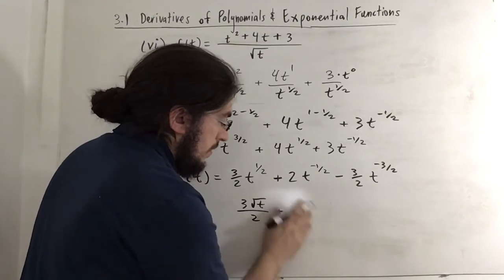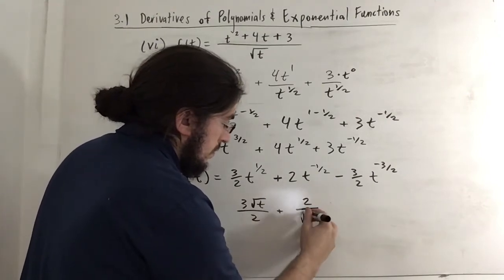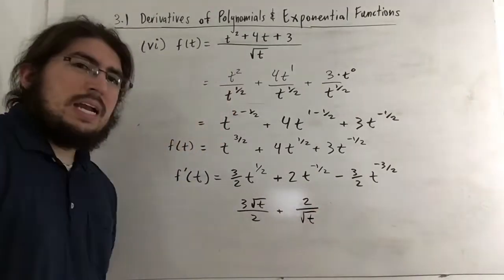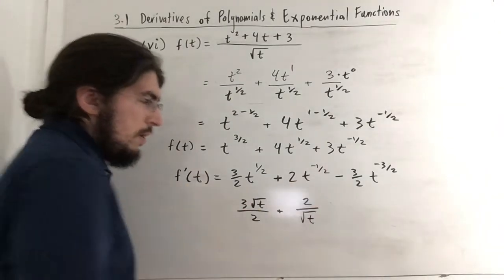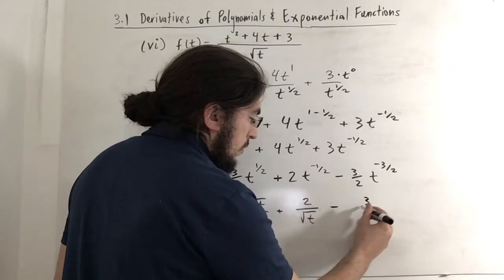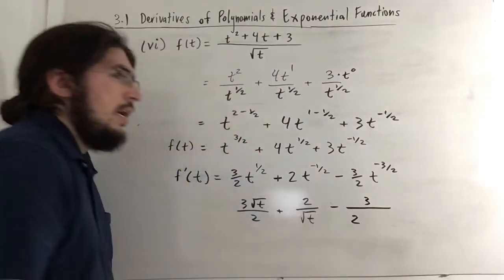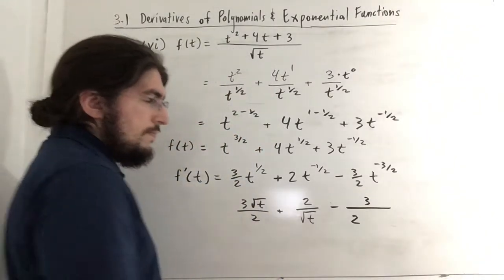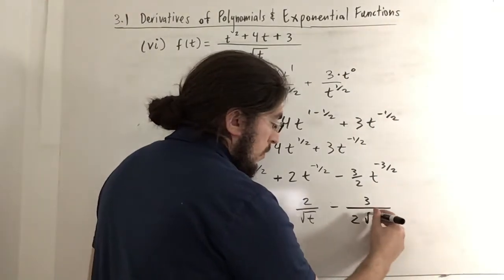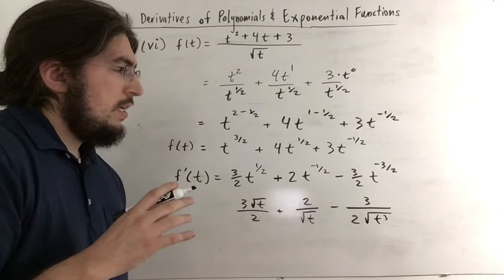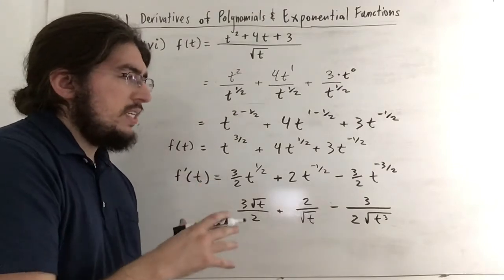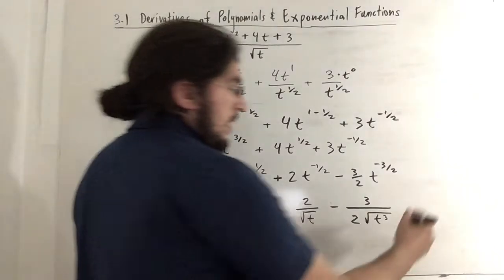Let me do that again. There we go. And I think we see how I got these first two. It's not too bad. This next one I want to talk a little bit about. So it's going to be minus 3 over 2 times. You're probably going to expect me to write the square root of t cubed. And I would, except the square root of t cubed can actually be simplified.